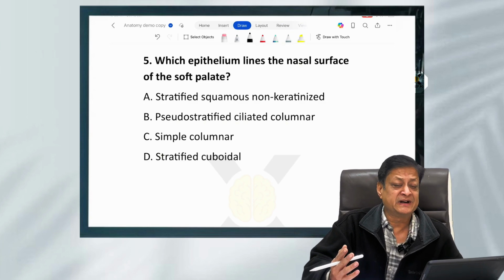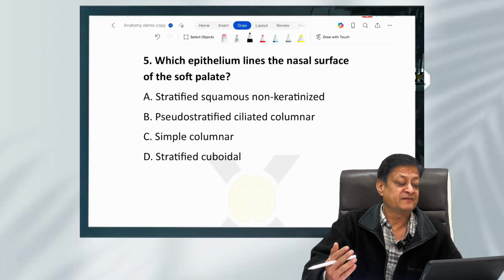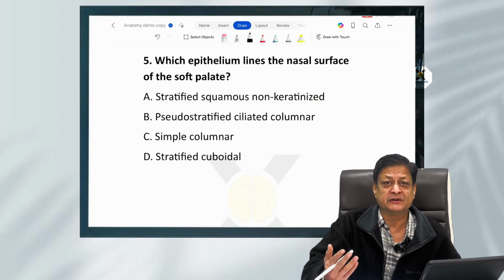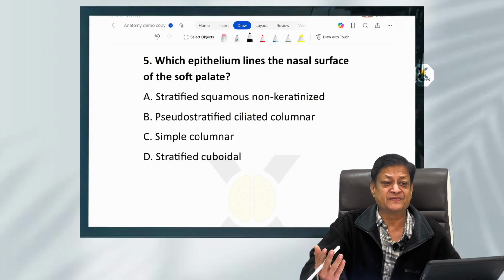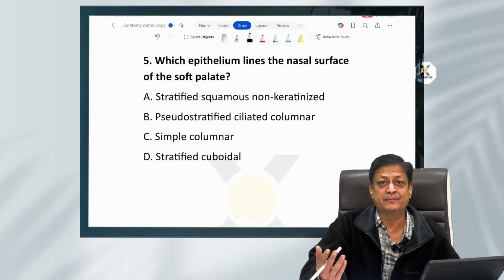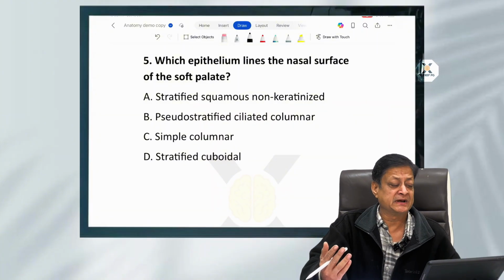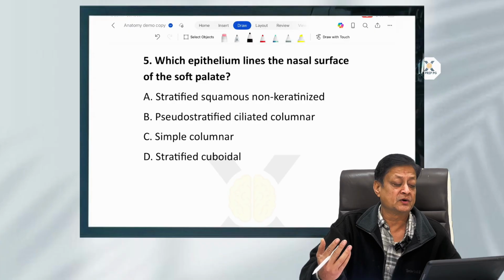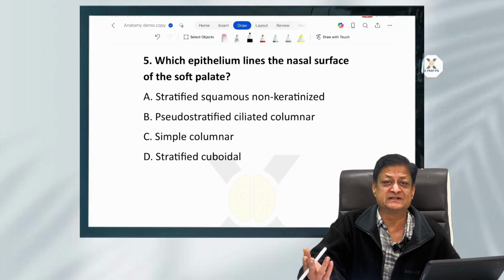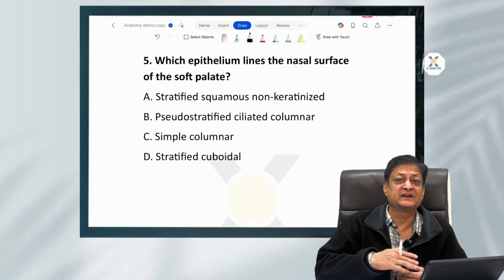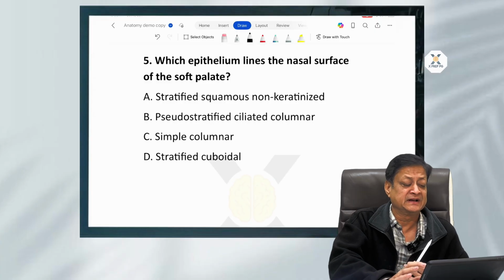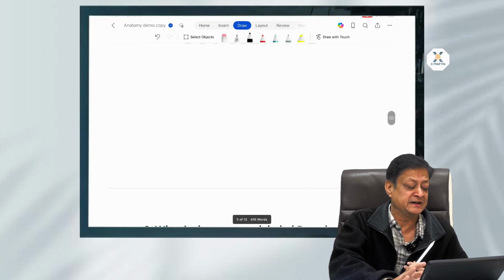We already explained that the oral epithelium is stratified squamous non-keratinized epithelium, while the nasal surface is lined by respiratory epithelium, and the respiratory epithelium is pseudo-stratified columnar ciliated with goblet cells. That is the perfect description of the respiratory epithelium.